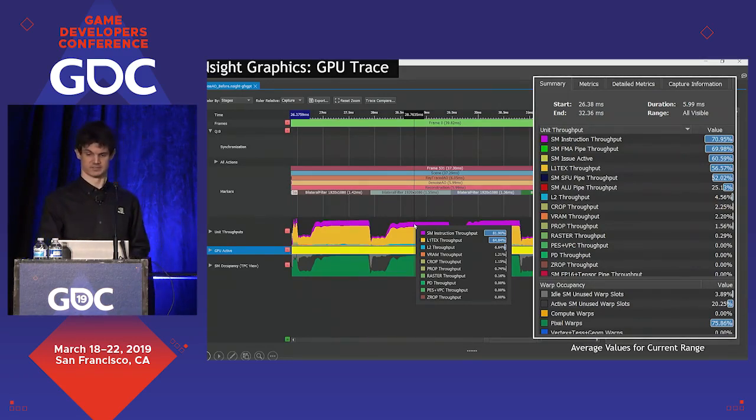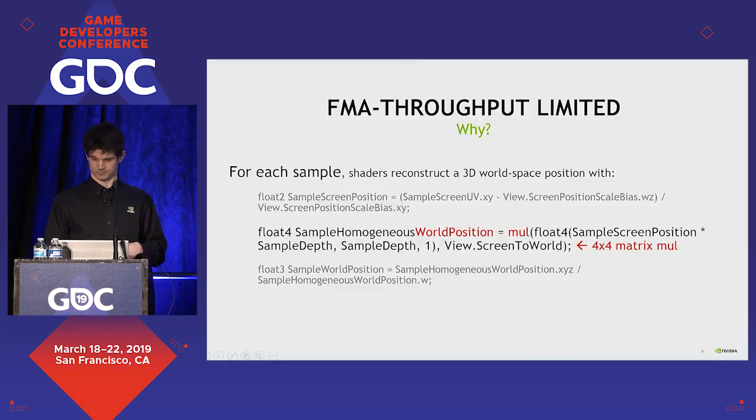And you can see these are the usual per workload metrics that we've exposed in the range profiler for a while. So you can see numbers, right? What are the average values? Here, the top throughput unit is the SM FMA pipe, as I said, because I picked that workload.